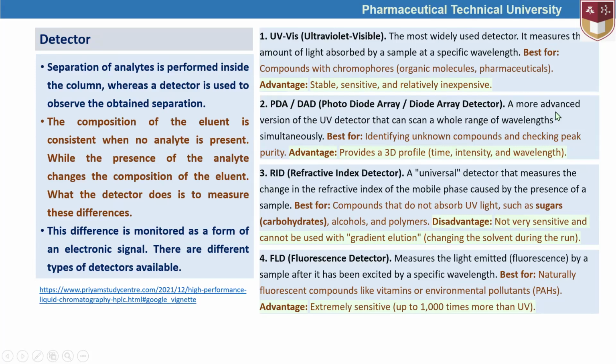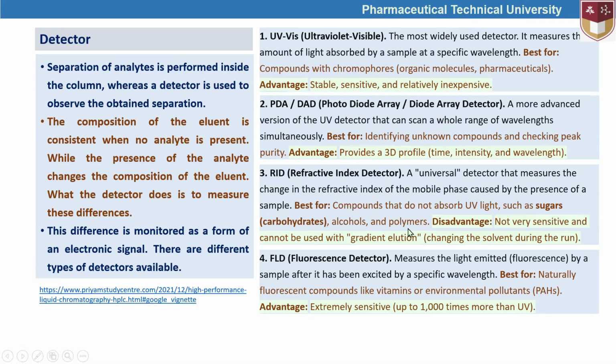They are a more advanced version of UV detectors that can scan a whole range of wavelengths simultaneously, so it is possible to quantify various compounds at the same time. They are best for identifying unknown compounds and checking peak purity, and they provide a 3D profile, including time, intensity, and wavelength.